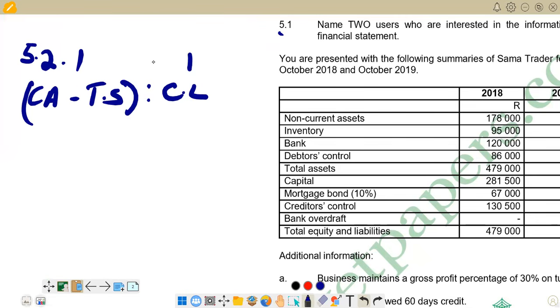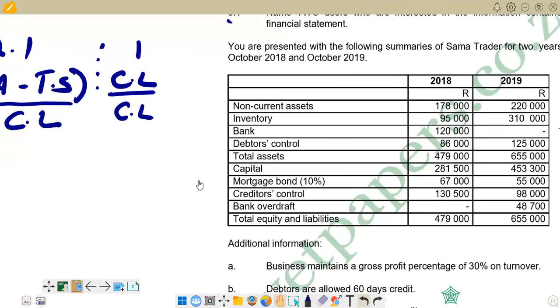So the figure that we have for current liabilities, we divide it on both sides. In other words, over current liabilities, we divide both sides, so that we leave the right side expressed as 1. So we go to the list of balances that we have there and try to see the figures for current assets.